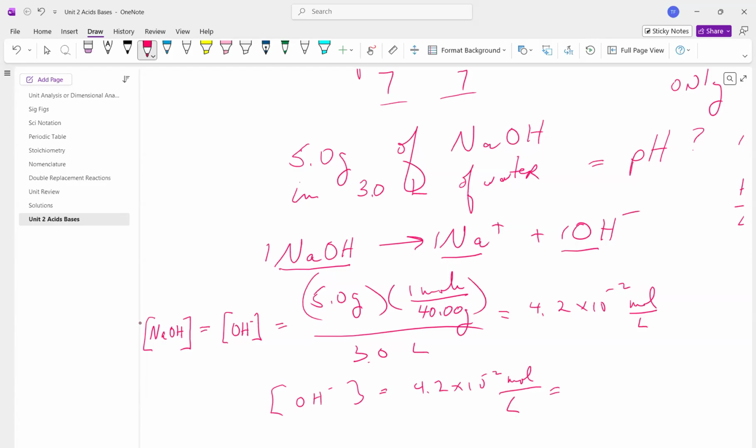Okay, so what is the pOH then? We need to take the negative log of 4.2 times 10 to the minus 2. Negative log, the OH.